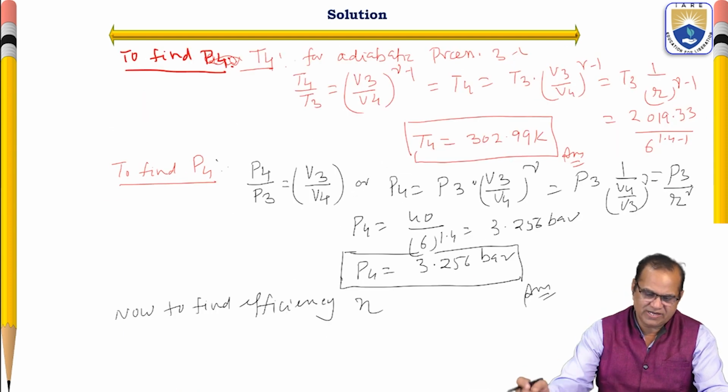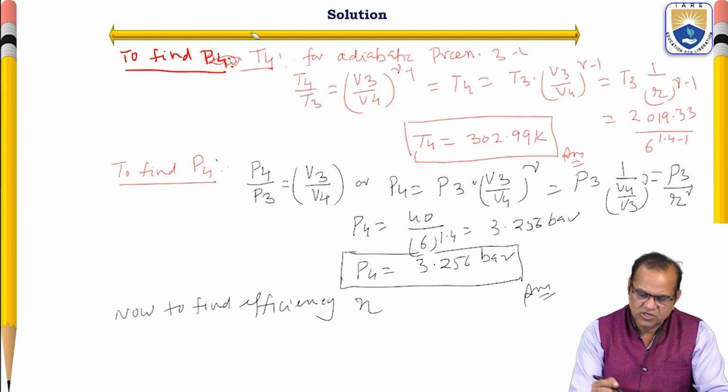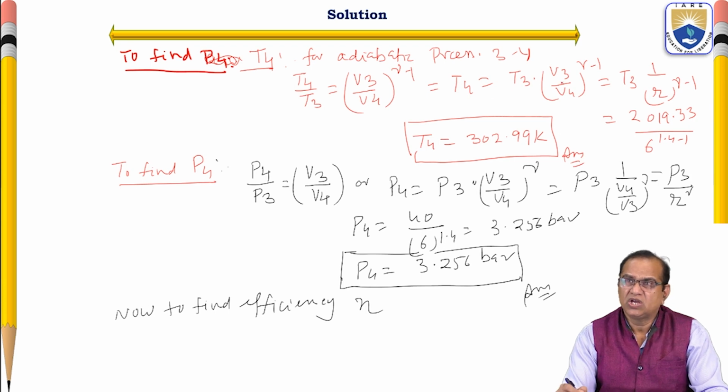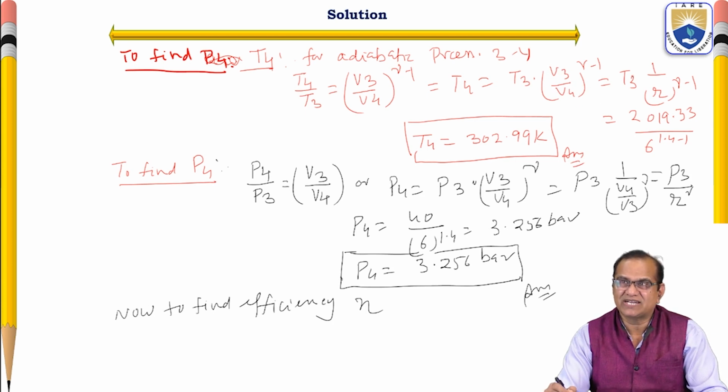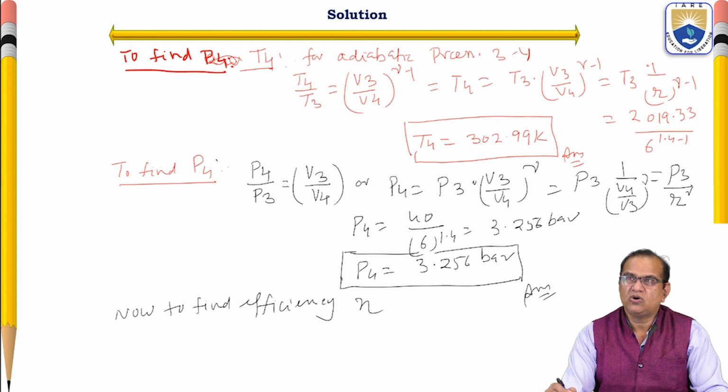So we will go ahead to find the P4 and the T4. We know that for adiabatic process 3 to 4, T4 by T3 is equal to V3 by V4 to the power gamma minus 1. So T4 is equal to T3 into V3 by V4 to the power gamma minus 1, and V3 by V4 is equal to 1 by R. So T4 is T3 into 1 by R to the power gamma minus 1, which is 2019.33 divided by 6 to the power 1.4 minus 1.